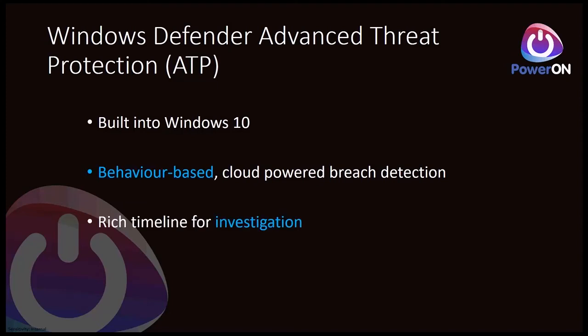There is a very rich timeline for investigation. You can go back in time, and you get options on historical data retention, how long you want to keep the data, so that when you get alerted of an attack, you can go back in time and see the breadcrumb trail of the attack and investigate it.